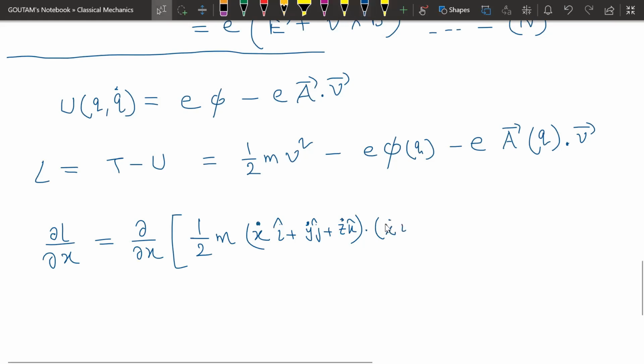So that we can write as x dot square plus y dot square plus z dot square, or vx square plus vy square plus vz square.